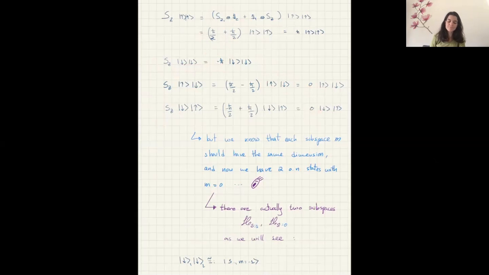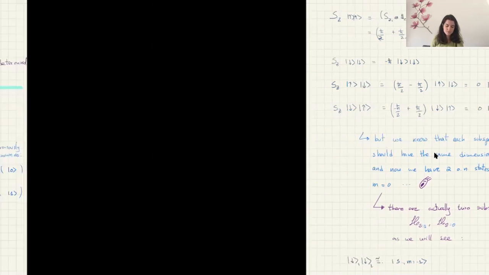Okay. So now we have 3 values for m. Here m is 1, here m is -1, and here m is 0. But we know that each of these subspaces for m should have the same dimension, right? This is what we saw before. I'll show you.